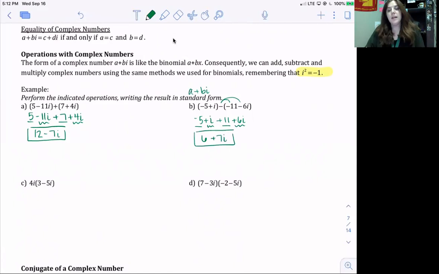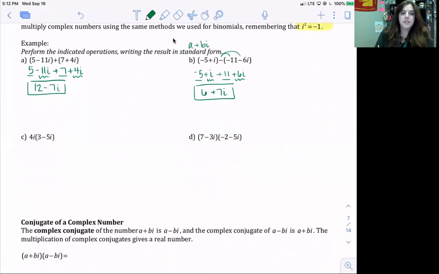Okay, when we multiply is when things start to change. So 4i times the quantity 3 minus 5i. So 4i times 3 is 12i, and 4i times -5i is a -20i squared. i squared we can rewrite as the quantity of -1, and -20 times -1 is a positive 20.